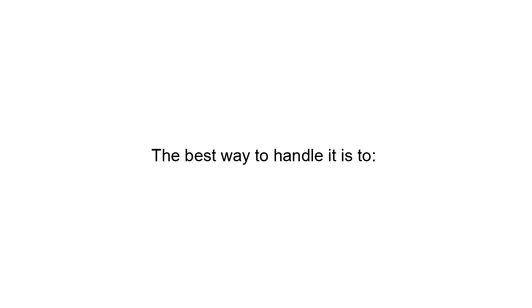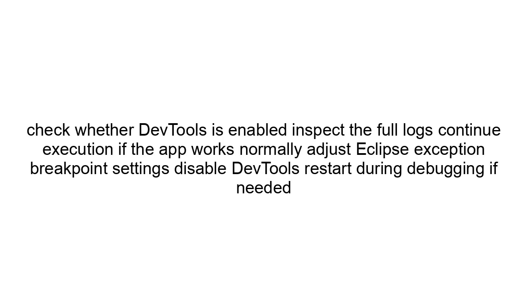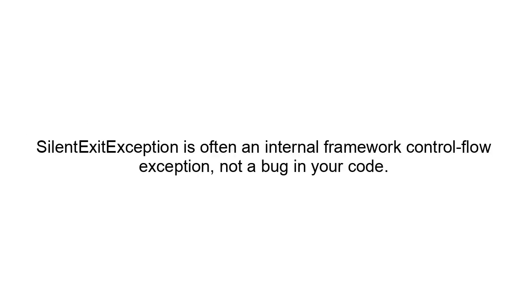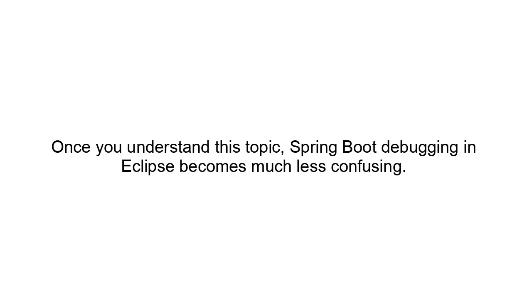The best way to handle it is to check whether DevTools is enabled, inspect the full logs, continue execution if the app works normally, adjust Eclipse exception breakpoint settings, and disable DevTools restart during debugging if needed. The key idea is that SilentExitException is often an internal framework control flow exception, not a bug in your code. Once you understand this, Spring Boot debugging in Eclipse becomes much less confusing.